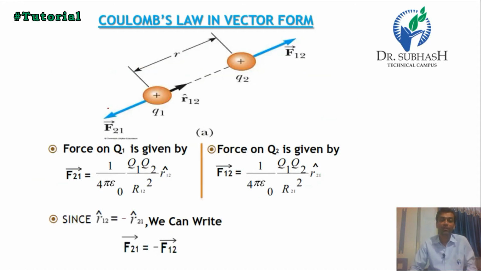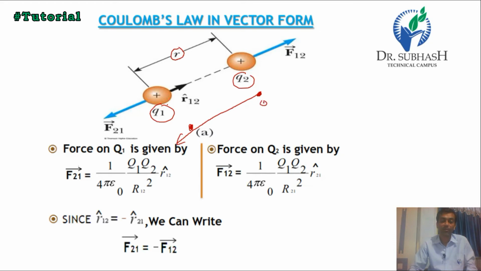Coulomb's law in vector form. Suppose we have charge Q1 which is positive and charge Q2 which is positive, and the distance between them is r, and we find the force on Q1 due to Q2. That means the direction of the force is in this direction.